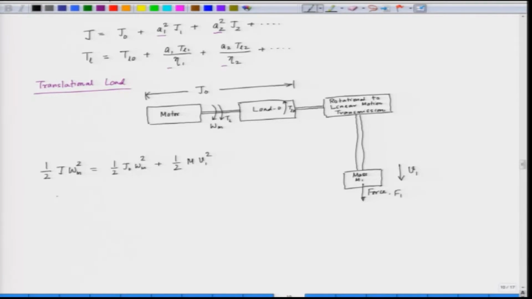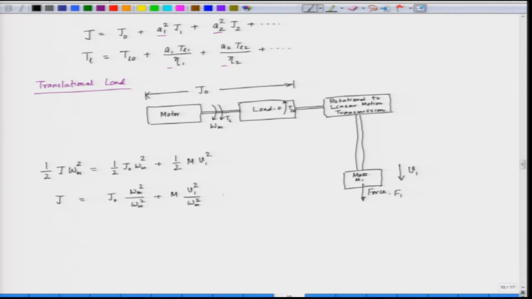If you want to find the effective inertia, j is equal to j naught omega m square by omega m square plus m v 1 square by omega m square.